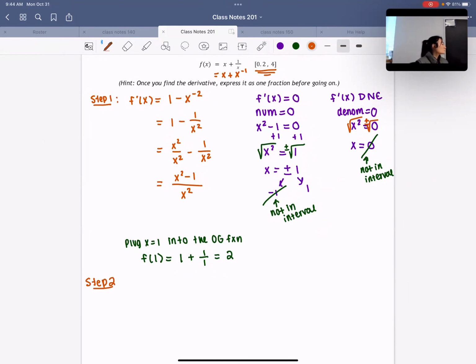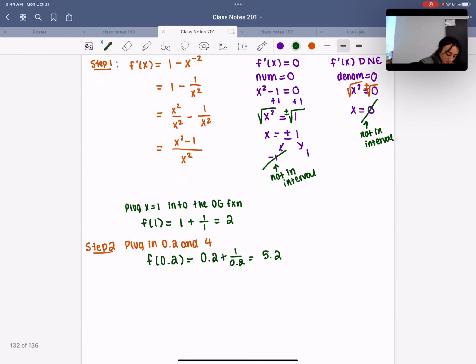Step number 2 says take the endpoints and plug them in. So plug in 0.2 and 4. We have f of 0.2, which is 0.2 plus 1 over 0.2. I'll save you the calculation and give you 5.2 as the answer.